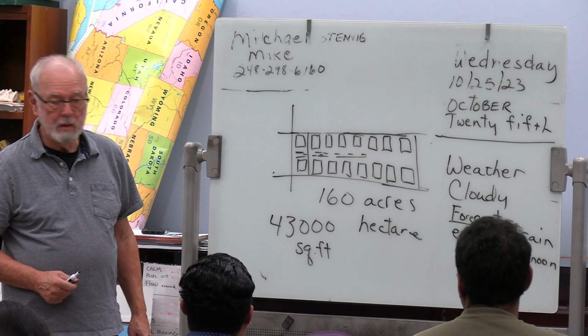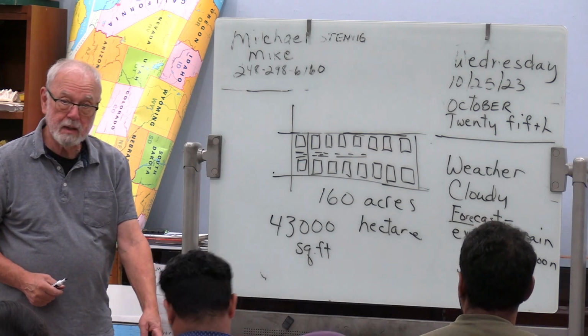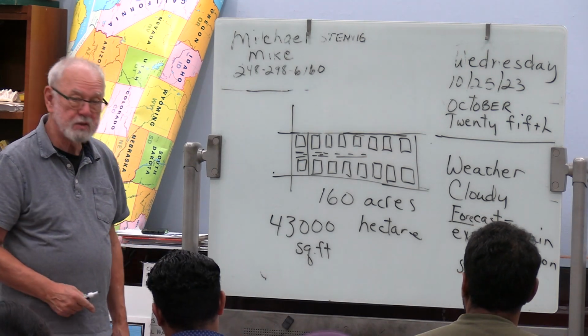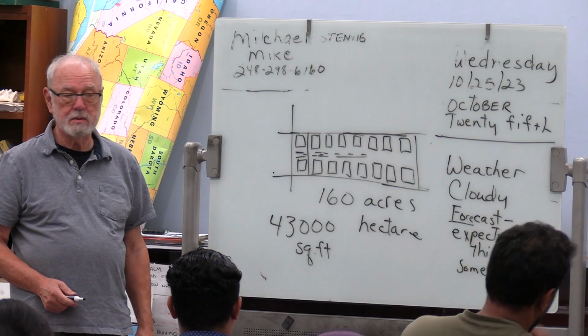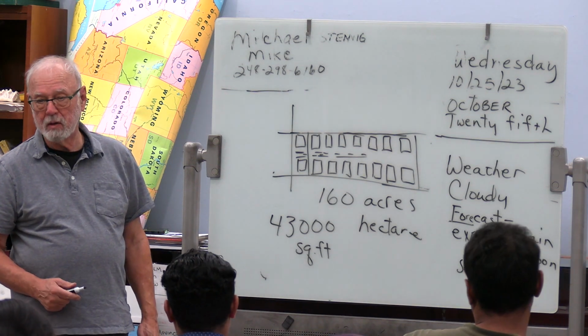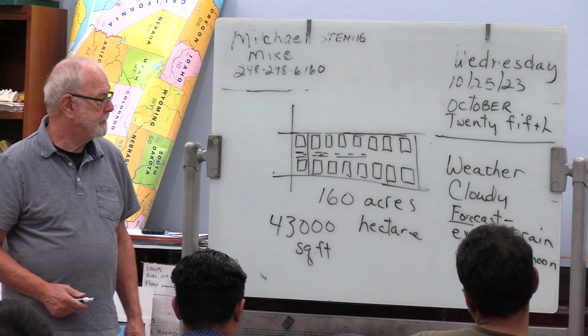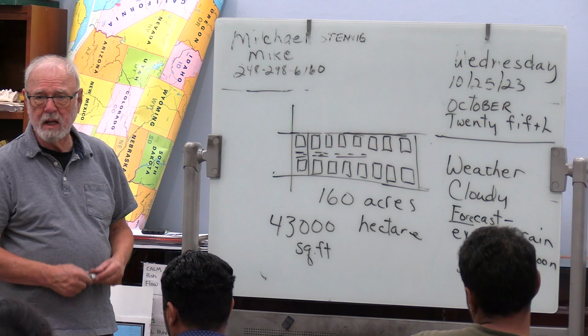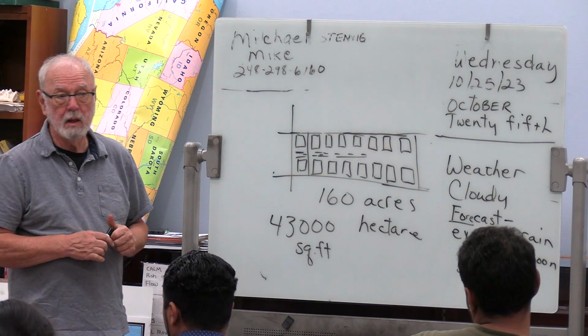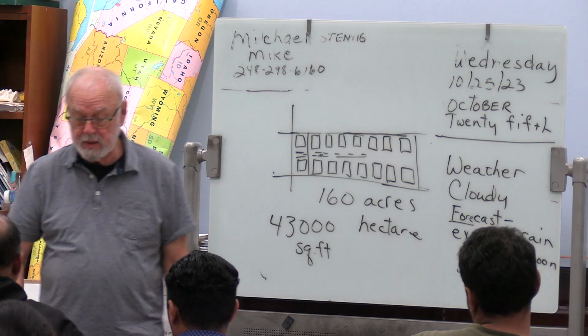These tiles right here, this is 1 square foot. So you need 43,000 tiles for an acre. So it's a lot of land. You can raise a lot of animals.